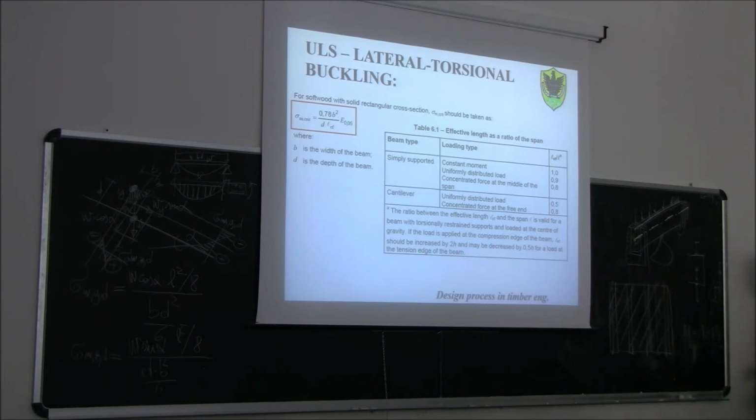But now we ask ourselves, can a beam like this buckle for lateral torsional buckling if on top of the beam there is a reinforced concrete slab? No. So, if it cannot buckle, my L_ef becomes 0. Why can't it buckle? Think about it.